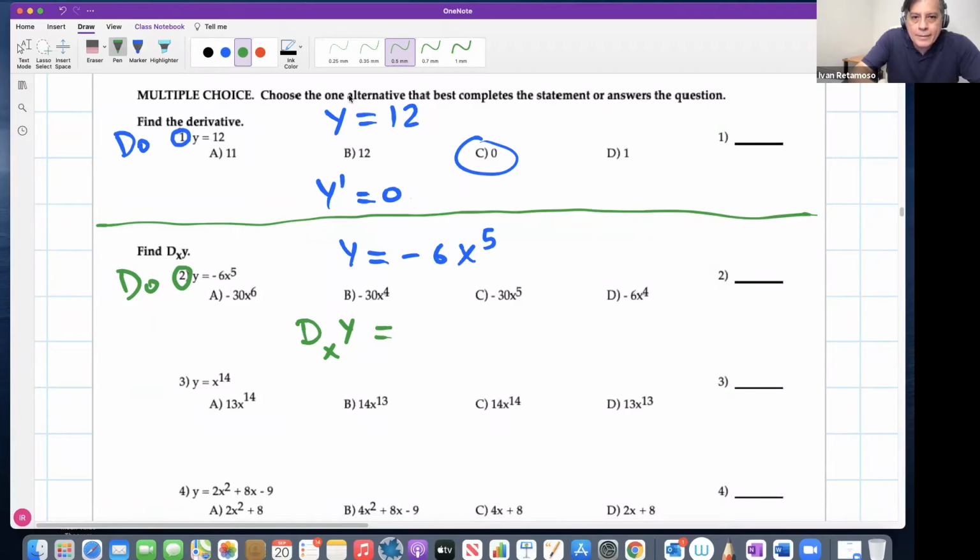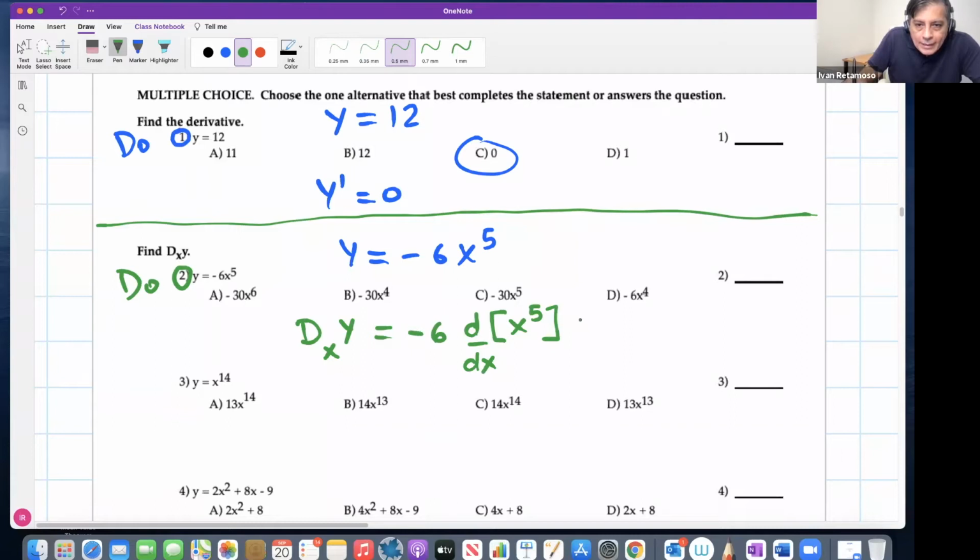Yeah, very good, guys. So remember, the constant comes out, right? Because of the constant multiple rule. And then we focus our attention on the derivative of x to the 5th power, right? The constant is out. We take the derivative.